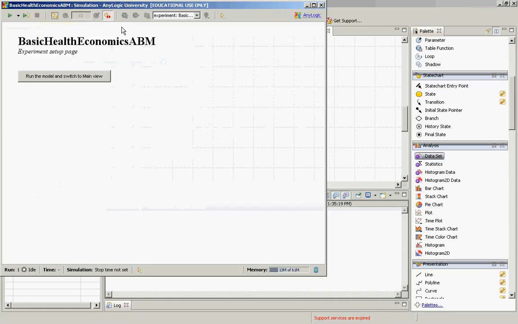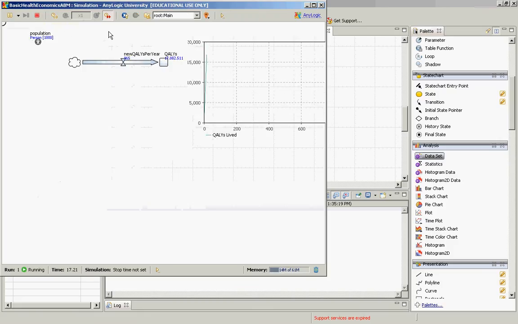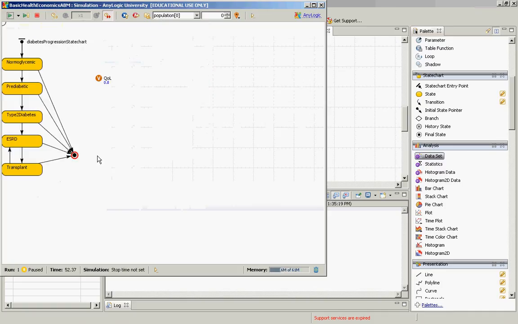Oh, excuse me. So I'm going to switch to the main view here. So if we run it out to 50 years, okay, we're approaching that. If we go down and look at individuals, we'll find that those particular individuals may be dead, but they're listed with the quality of life associated with the last condition.